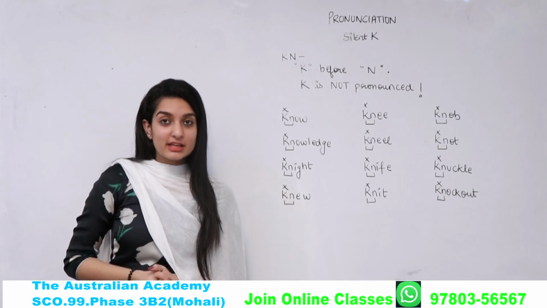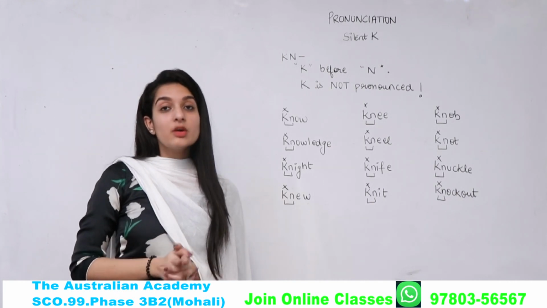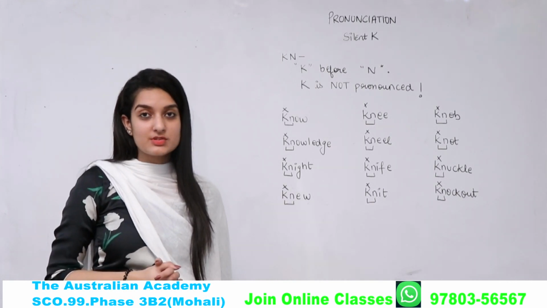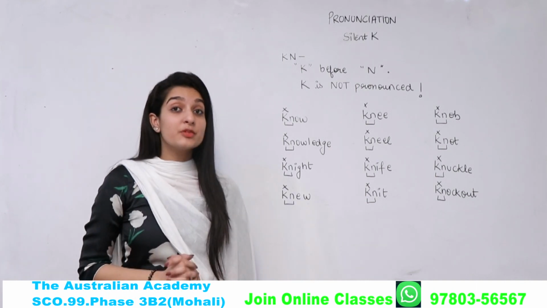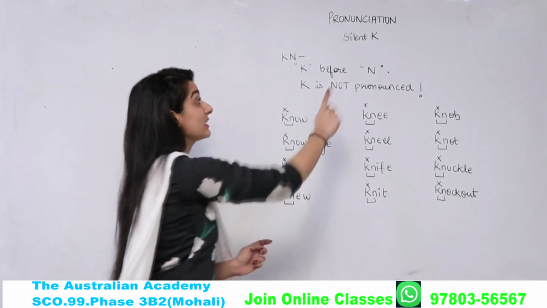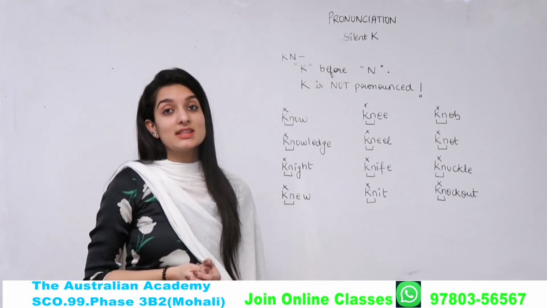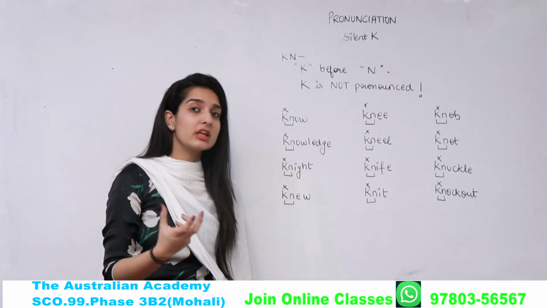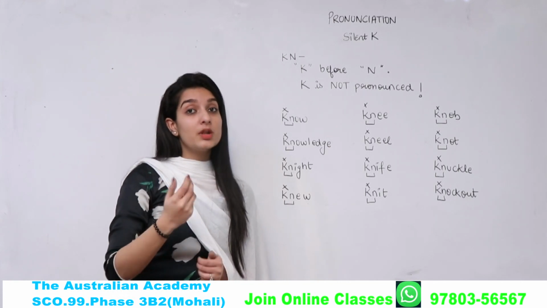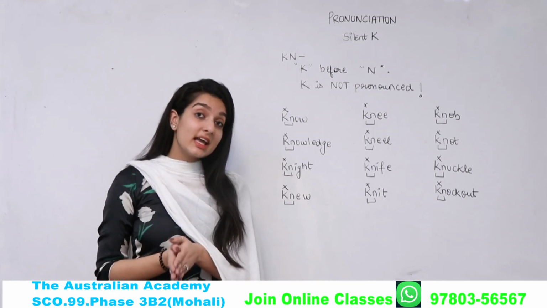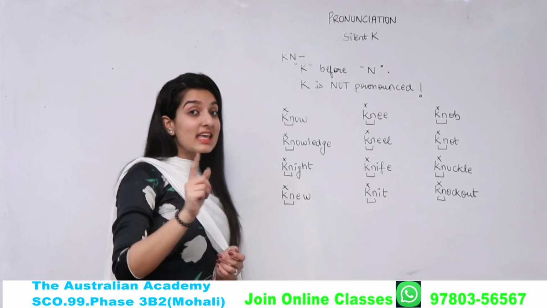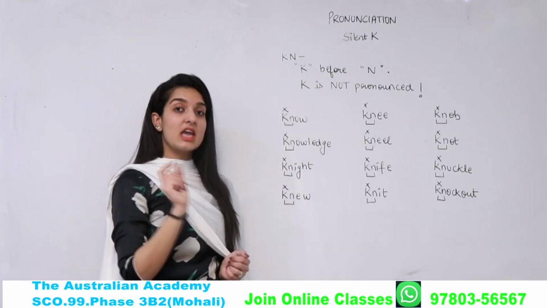So just like we studied before, let's look at another one of the alphabet's silent sounds. The second alphabet that we have today is the alphabet K. Now, whenever we write any word that starts with K, generally the K will be pronounced. But the time when it is not pronounced is in the case of KN.